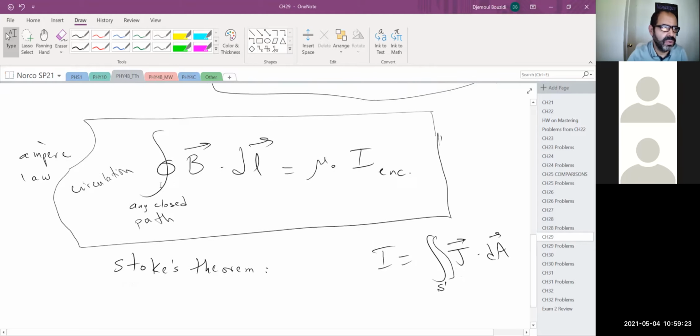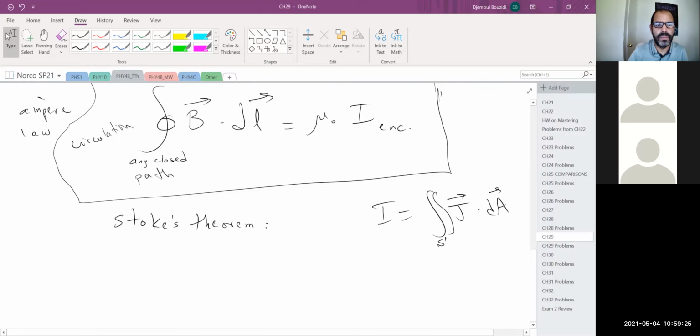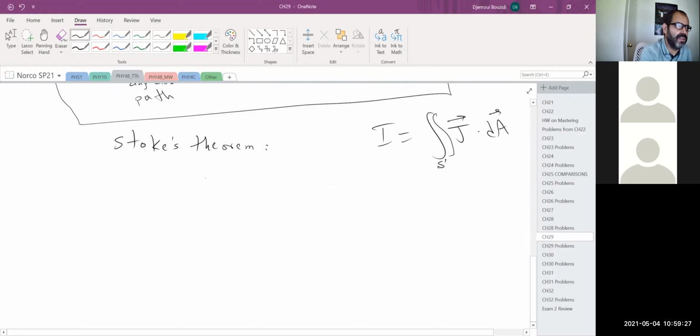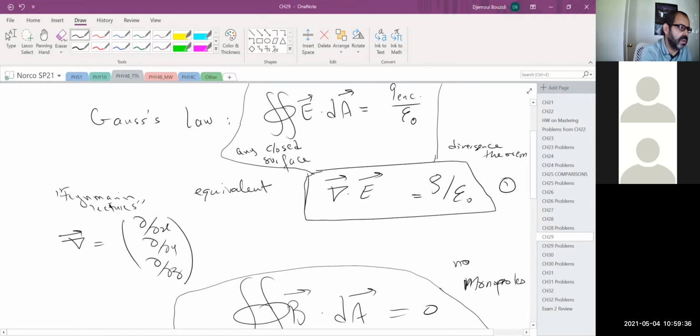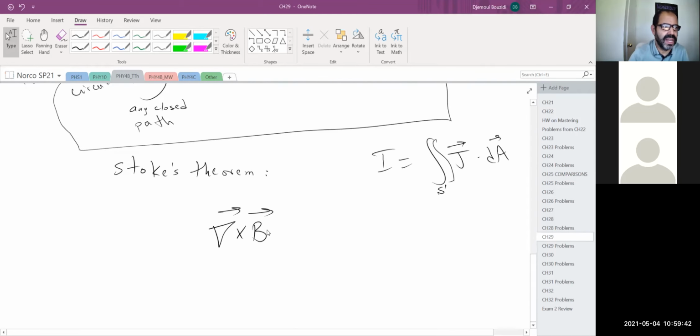So it turns out, if you do that, the curl of B will be pulled out of that. The curl of B is just the cross product of this same operator, the del operator, or the divergence operator, crossed with the magnetic field itself.